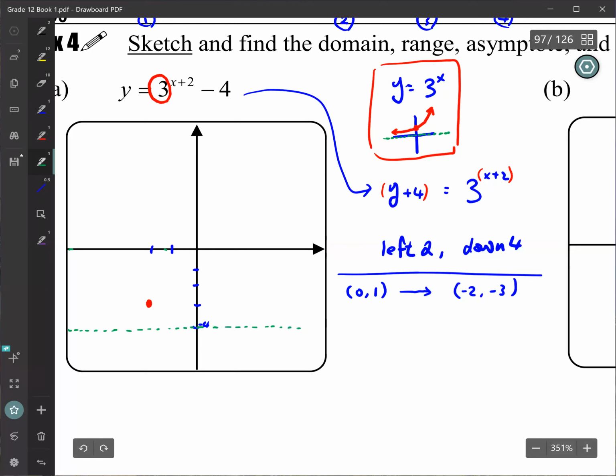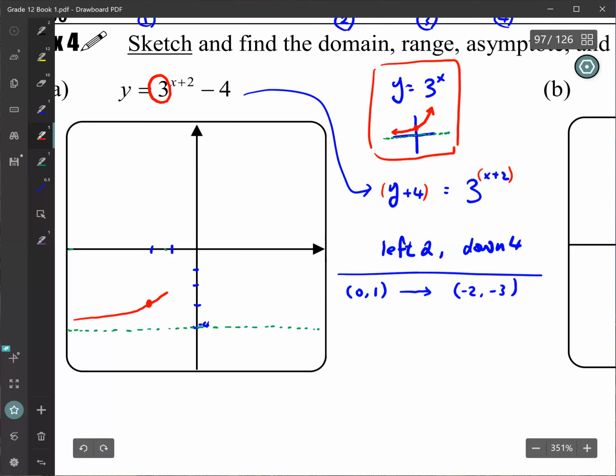Okay, so for asymptote, only up and down can affect the location of the asymptote. And then since there's no reflection, right? There's no negative with the x or with the y. So it's still staying increasing. Okay, so it will just have the point going up, increasing.